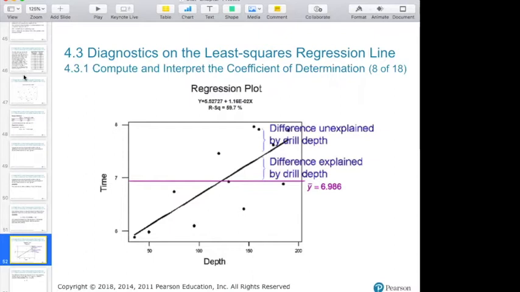So this is our scatter plot that we looked at before. The black line is the graph of the line that we had. And that purple looking horizontal line in the middle is our mean Y value, which is about 7. So we've got the difference that's unexplained and the difference that is explained. The difference that is explained is what the R squared value is representing.